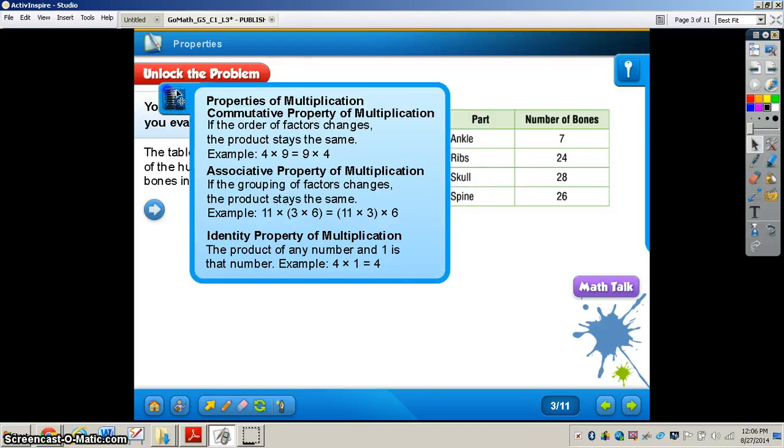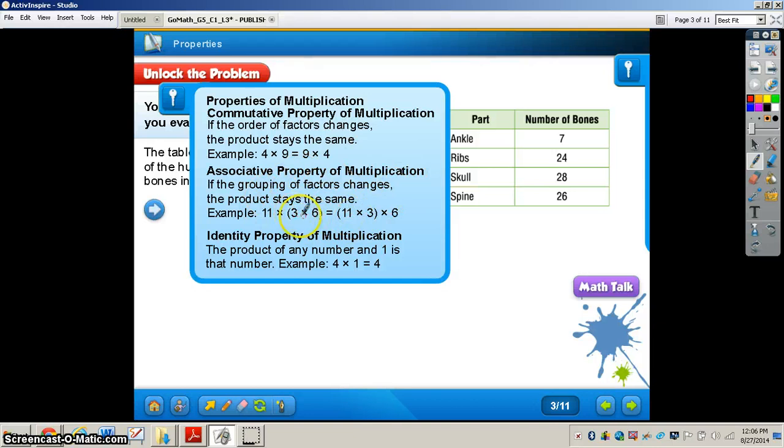And moving to commutative property of multiplication: if the order of factors changes, the product stays the same. In other words, if I multiply 4 times 9, that will give me 36. Or if I multiply 9 times 4, no matter what order, it will always give me 36. Now, associative property of multiplication: if the grouping of factors changes, the product will stay the same.